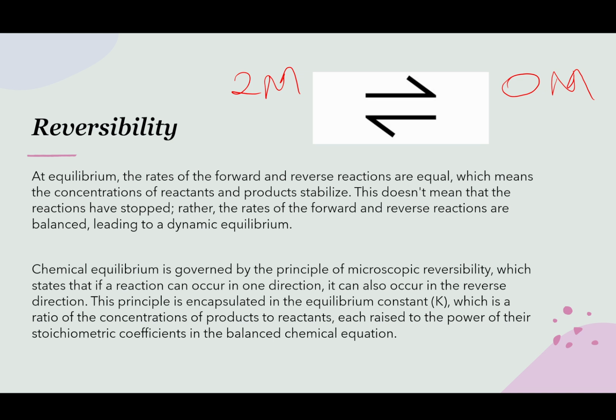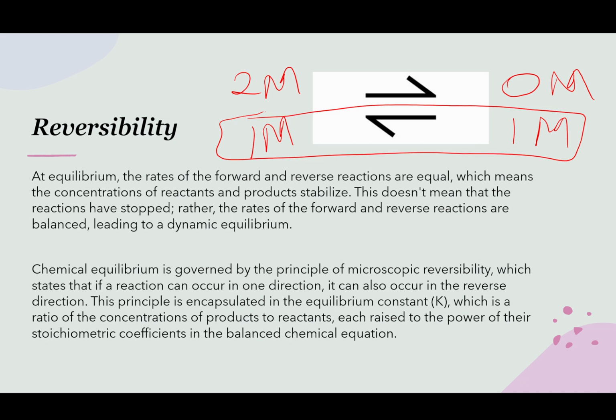But the reaction would go on and on, pushing forward and backward until we have a roughly equal concentration between the two, and this is what we call equilibrium concentrations. So it's something similar to that.